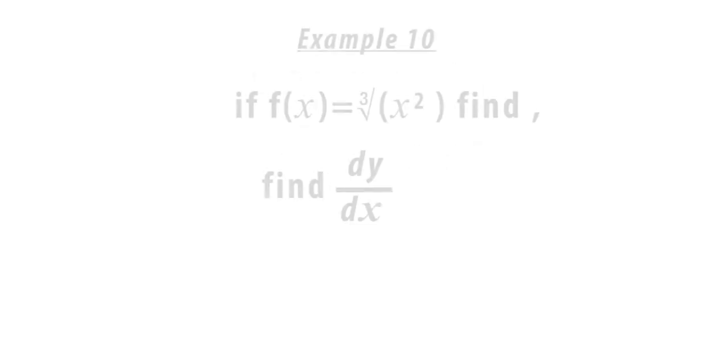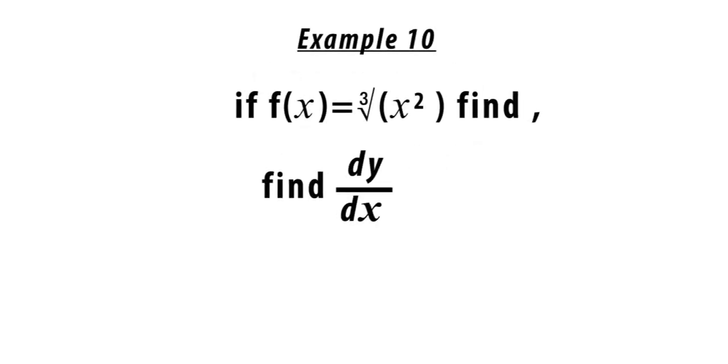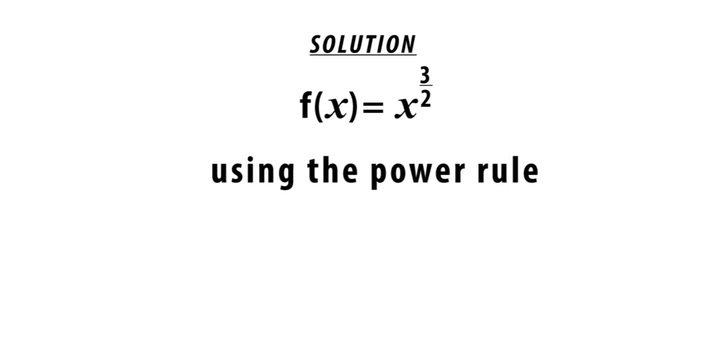Example 10. If f of x is equal to the cube root of x squared, find dy/dx. Let's take the solution. Again, we will use the ideas from indices and then rewrite f of x as f of x is equal to x exponent 2/3 and use the power rule to differentiate.